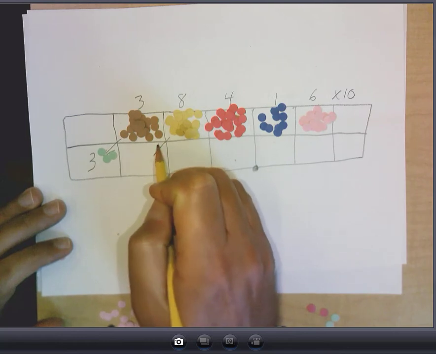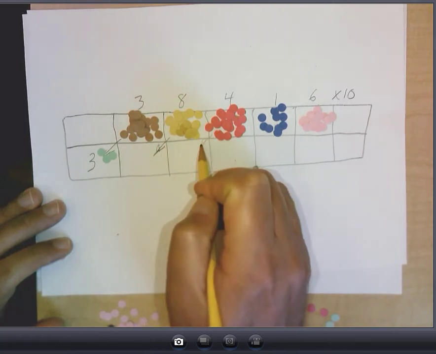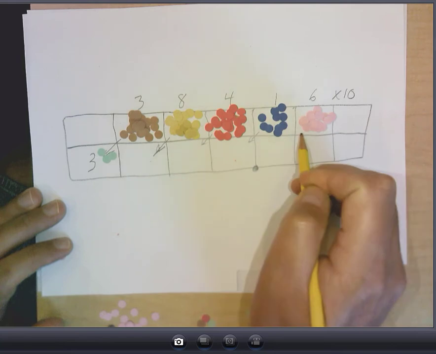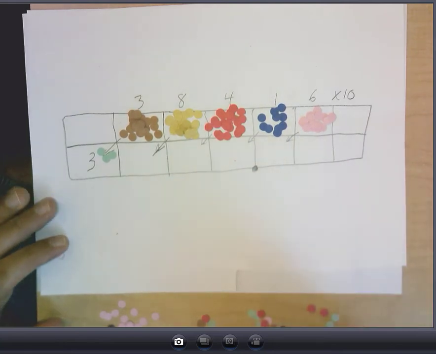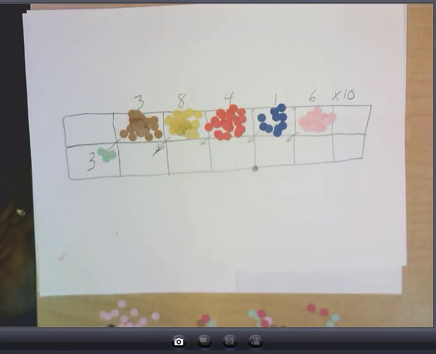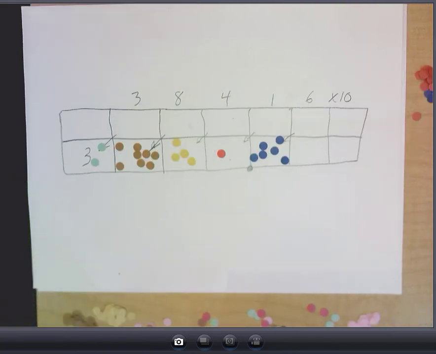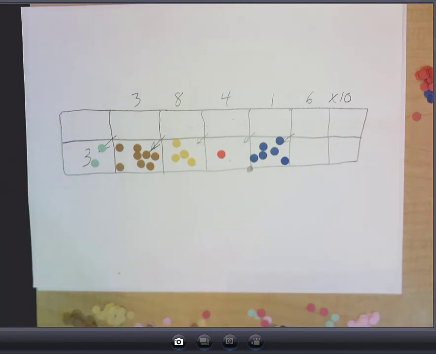Let's do the same thing for each of these. And we'll take another look at it. Okay, let's see what happened. Oops, we're missing a dot over here. There's 3 dots in that box now.